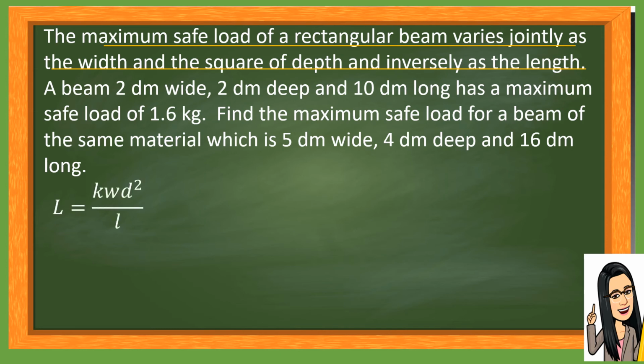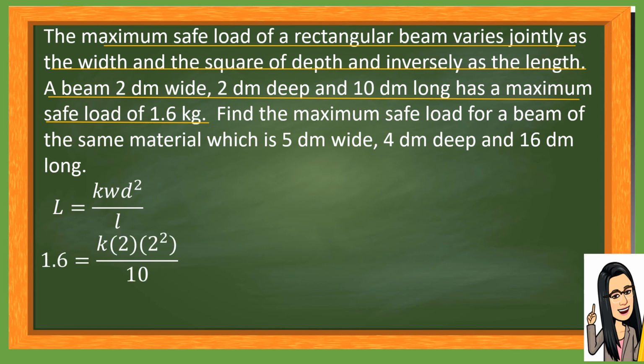So we will get L is equal to KWD squared over L. Substitute 2 decimeters wide, 2 decimeters deep, and 10 decimeters long with a safe load of 1.6 kilograms to find the constant of variation. So 1.6 is equal to K times 2 squared all over 10.